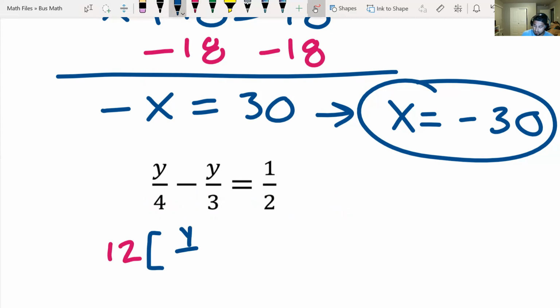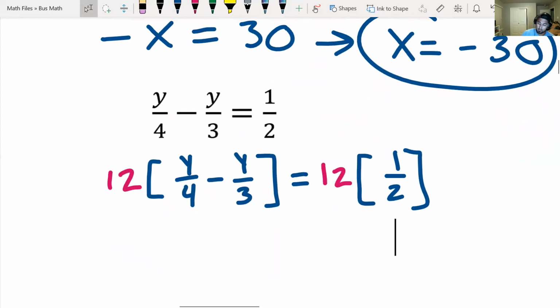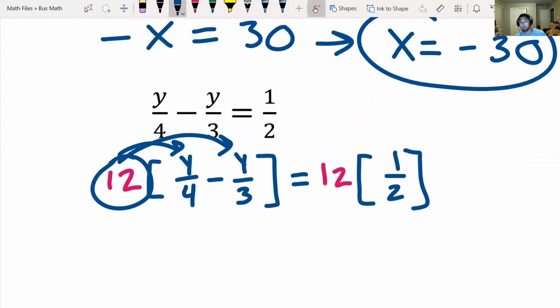You have y over 4 minus y over 3 equal to 12 times 1/2. Okay. Now, distribute to both terms. And like I said, I'll do this step by step for you.